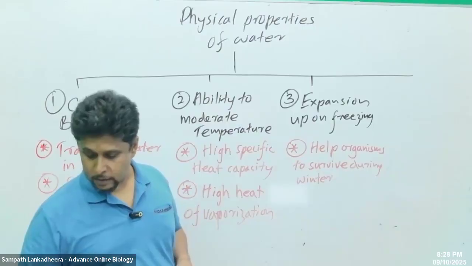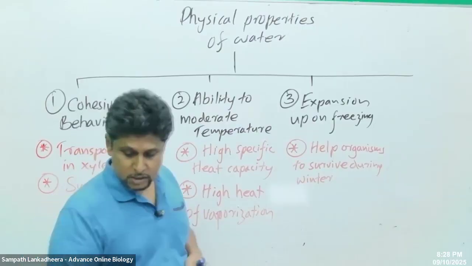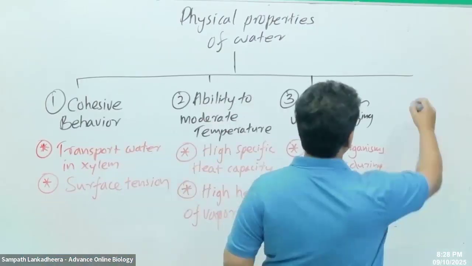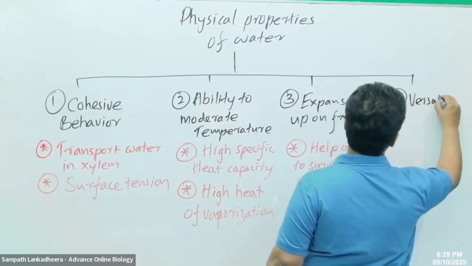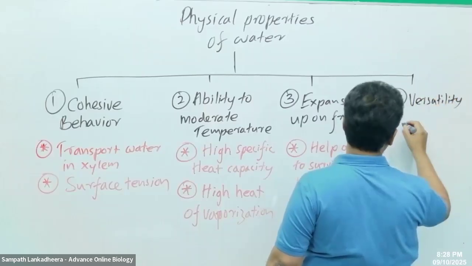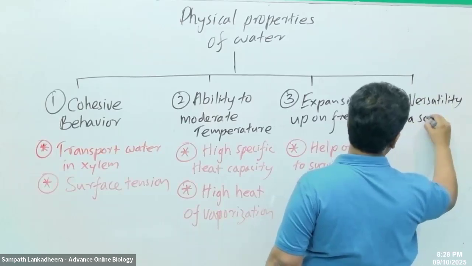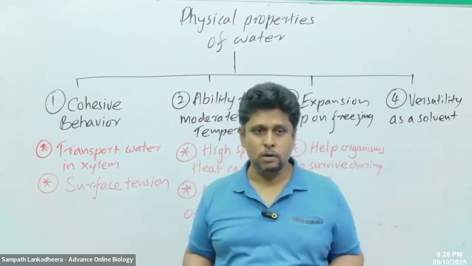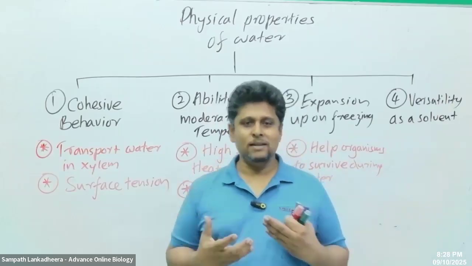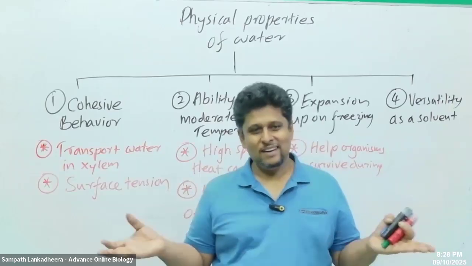And then the last one, we said, people, versatility as a solvent. Fourth one. Versatility as a solvent. So it's good as a solvent. Why, people? We learn that water dissolves different things.